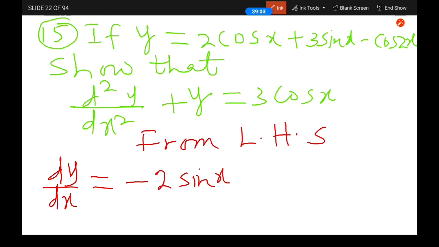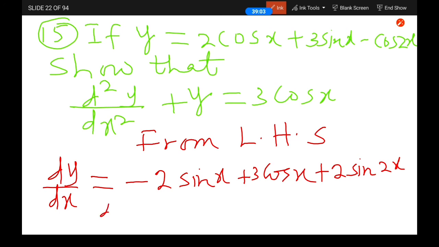Then if you differentiate this one, that becomes plus 3 cos x, good. Differentiate this, if you differentiate cos, you get negative. Negative times negative, that is plus, then 2 sine. You can see the usefulness of the shortcut method now. So that will be our first dy dx.